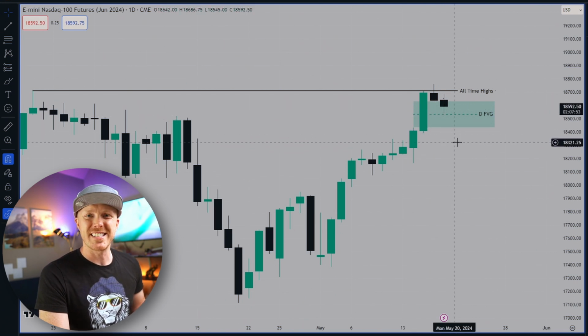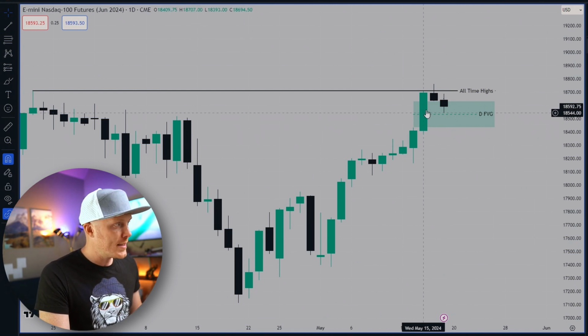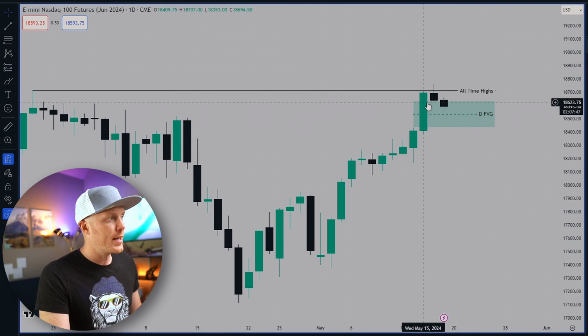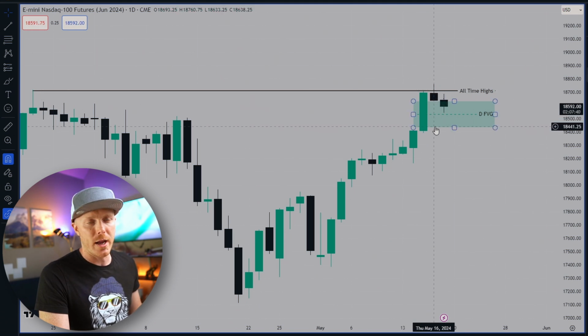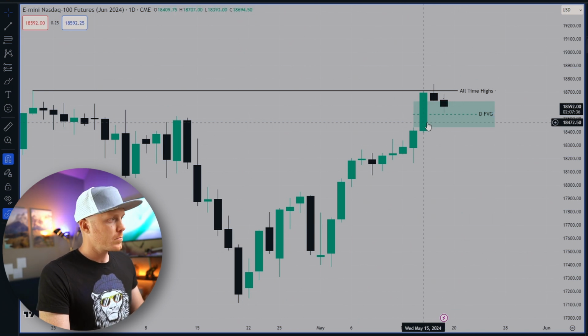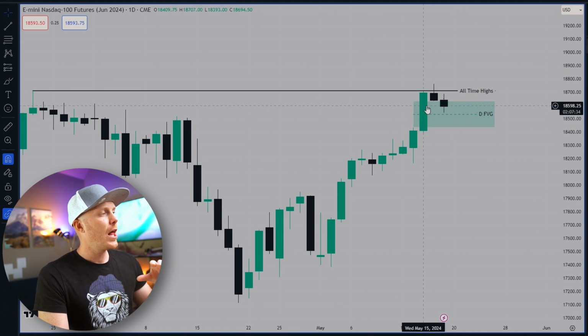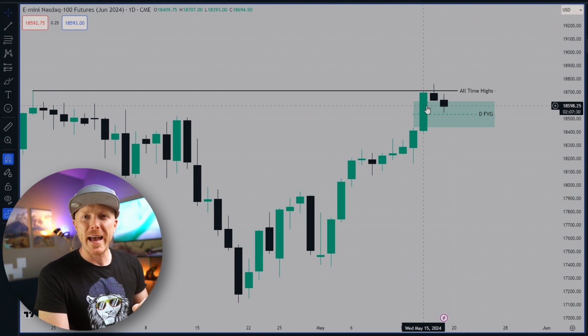So that means the sell side has not been delivered to it. We've had buy side delivery in the form of this green candle, but we have not had a red candle come back down into this area, making it a fair value for price to move to. So when we have a large daily fair value gap, that is a very good point of interest.